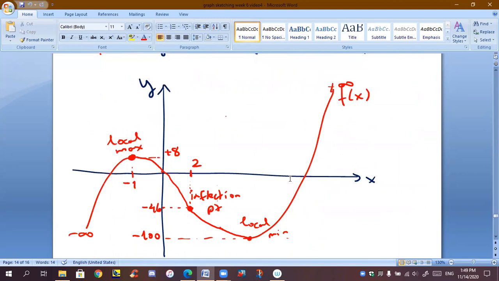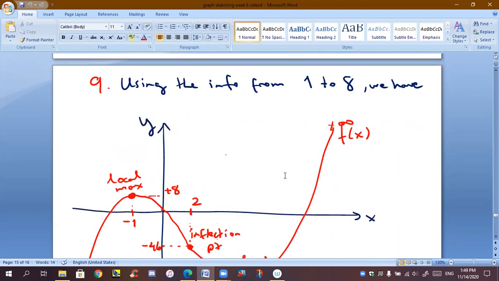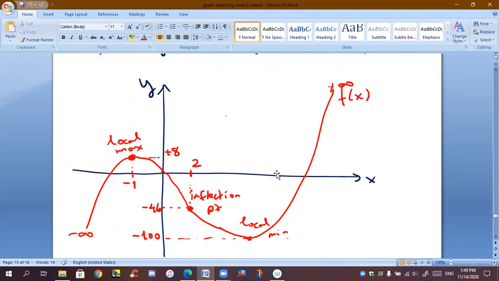Now, if we use this information and sketch the graph of the function, what do we have? Well, from minus infinity to minus 1, it's increasing up to the local maximum, right? And then between minus 1 and 5, it's decreasing from minus 1 to 5.